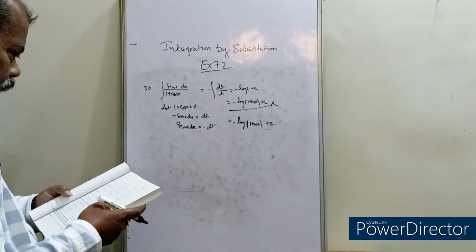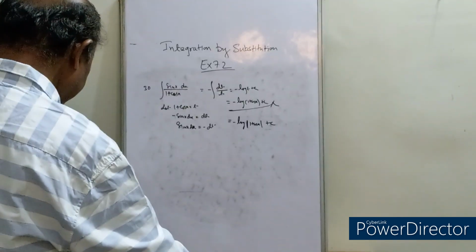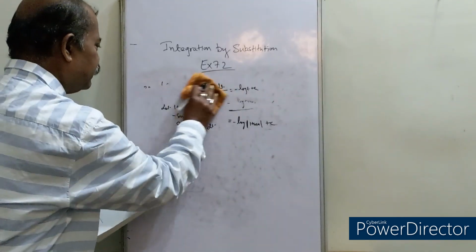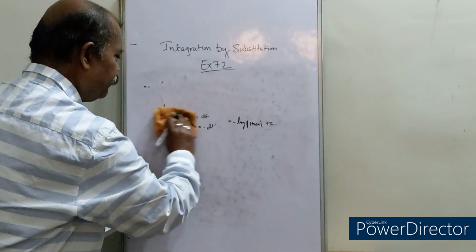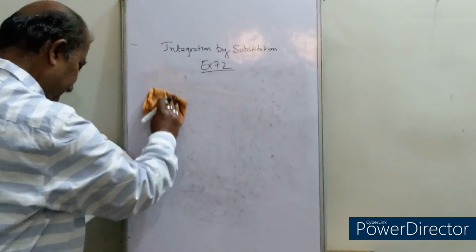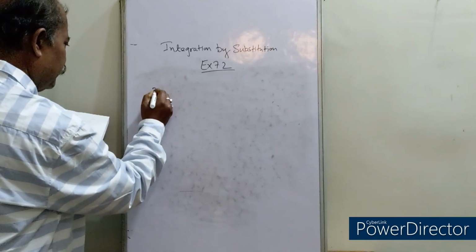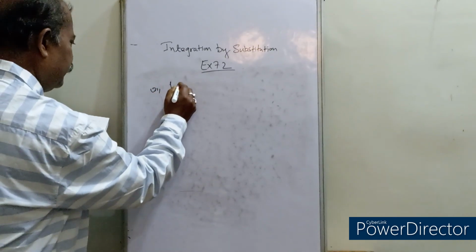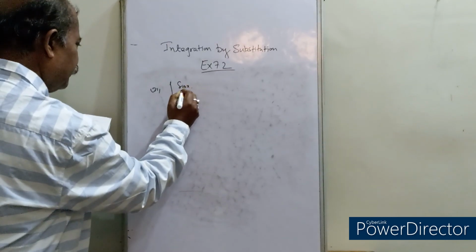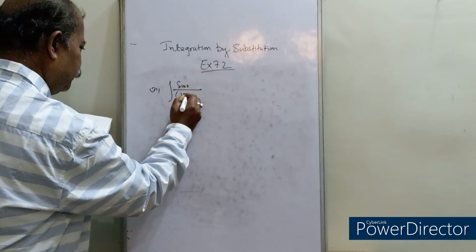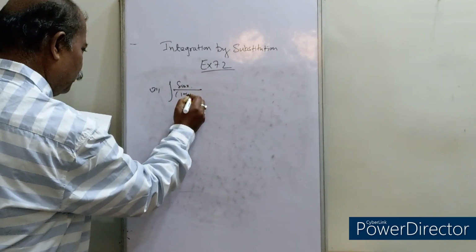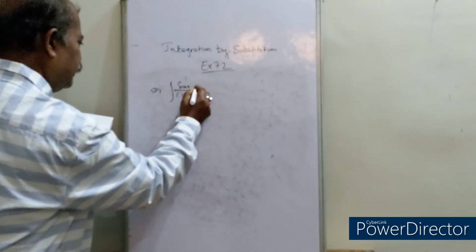Now, my next question is 31. Here, the integration of sin x by (1 plus cos x) the whole square dx.